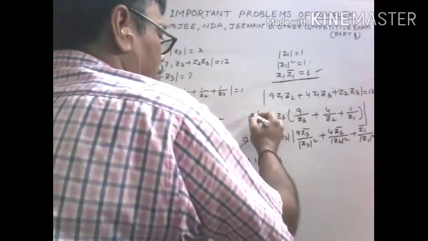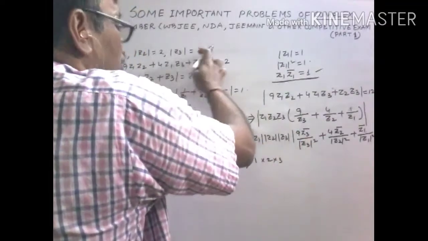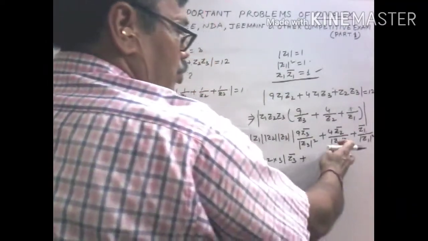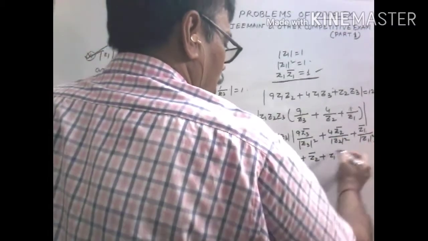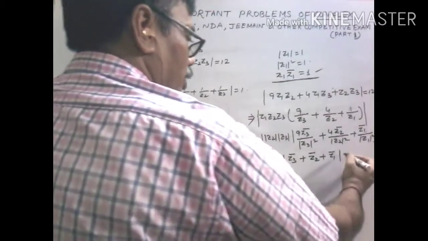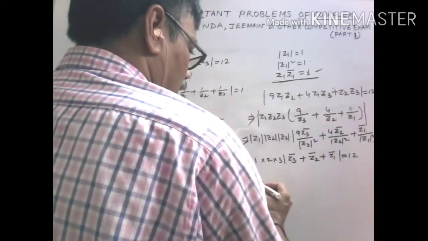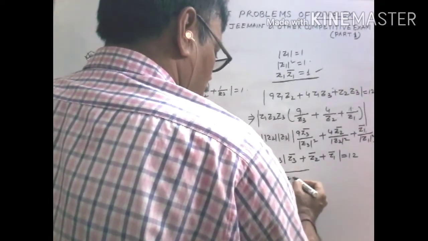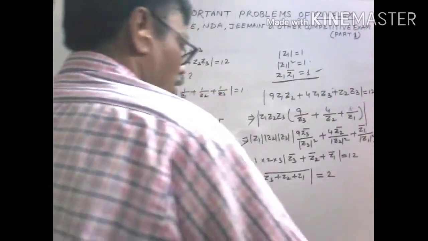So z3 square equals 9, so we get z3 bar plus z2 bar plus z1 bar, since mod z2 square is 4 and mod z1 square is 1. Now this equals 12. Now we can write this as (z3 plus z2 plus z1) total bar, mod equals 2.